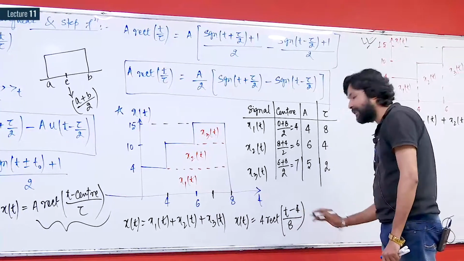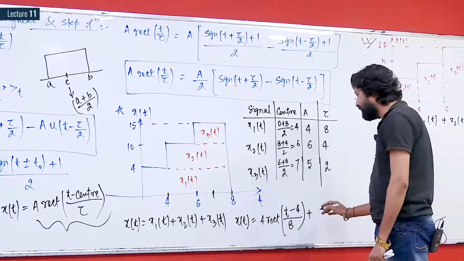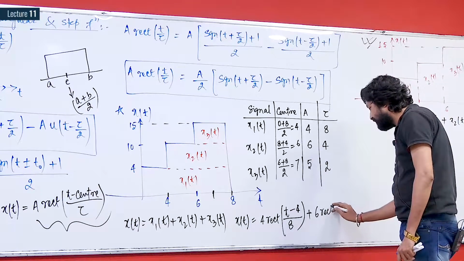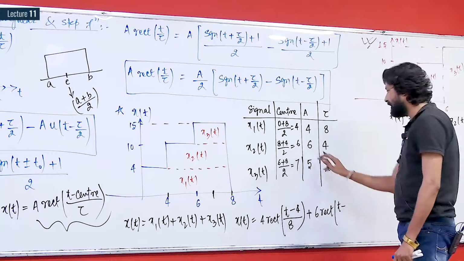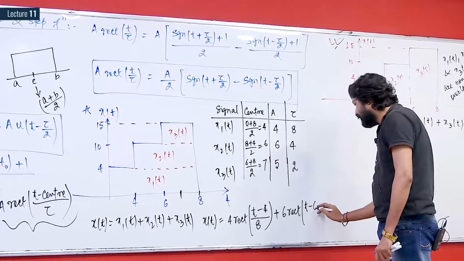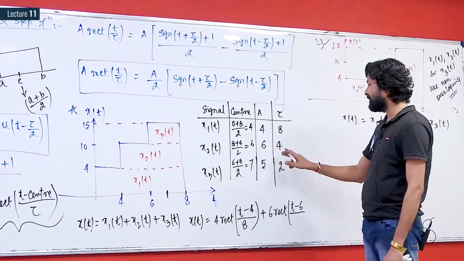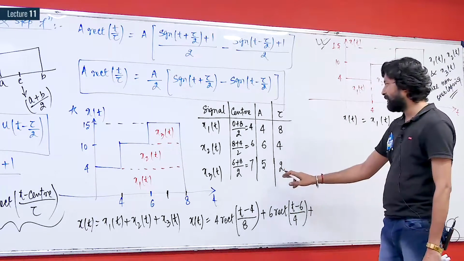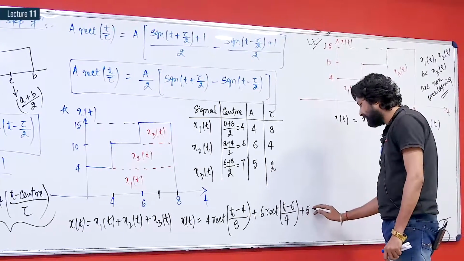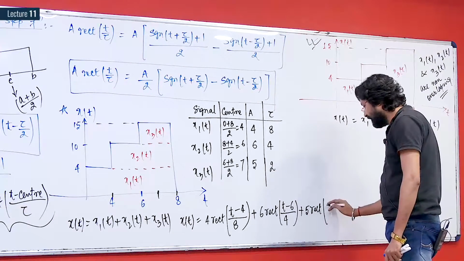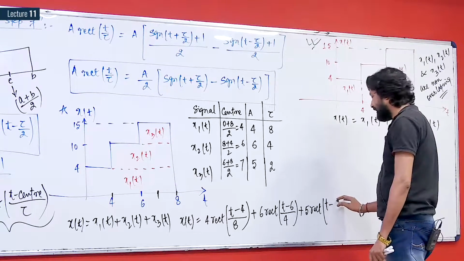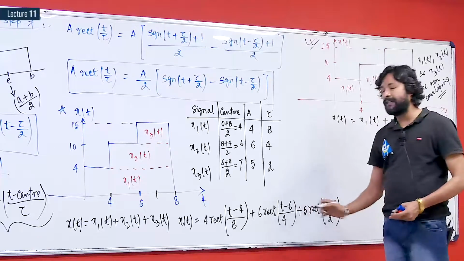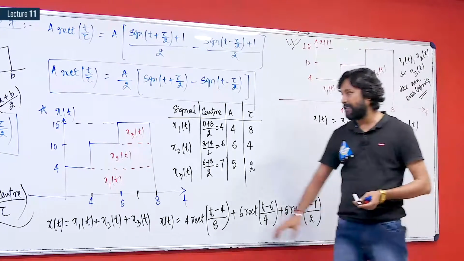Plus x2 of t, for which the amplitude is 6: rectangle of (t minus center, where the center is at 6) divided by the total width, that is 4. And for the third rectangle x3 of t you can write 5 times rectangle of (t minus center, where the center is at 7) divided by the total width, that is 2. So this is the correct representation for this signal x of t.